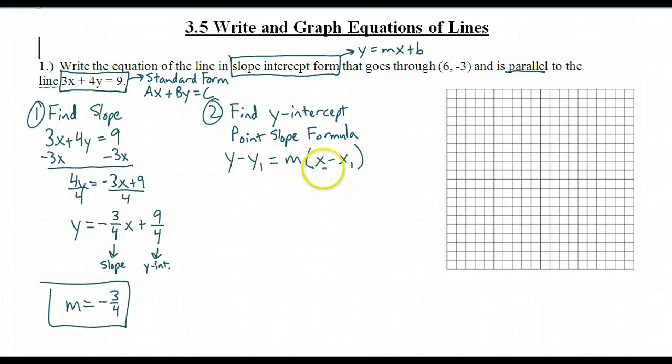And to use the point-slope formula, we plug in our values that we know and solve for y. So we know that m has to be negative 3/4. And we know that our line has to go through 6, negative 3. So 6 is my x1 and negative 3 is my y1. So I'm going to plug those values in.